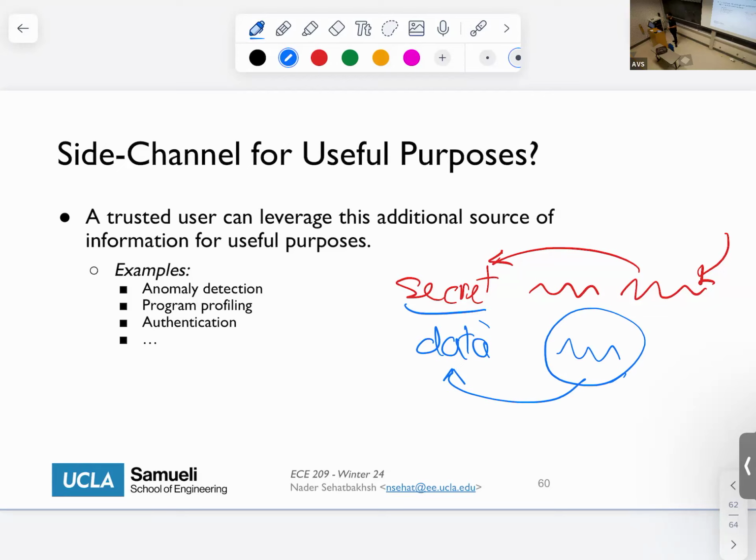For example, let's say I used to see a certain signal, but then all of a sudden I see something very different. That's an indication that this device is not performing normally. There's something going on with this device.